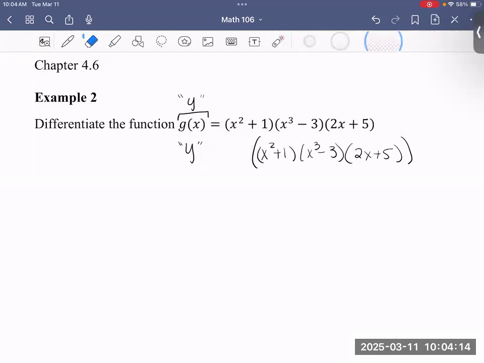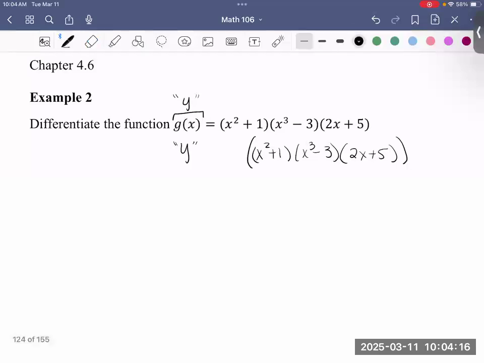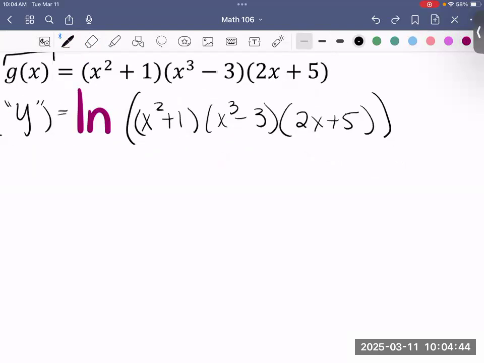So what I mean by that, excuse me, is if I were to write in my own ln, there isn't one there, but I'm going to write one in. As long as I do it to both sides, it's okay. In which case, I can go ahead and derive as I normally would here. So pause the video and see what you can come up with here, just on that one side.